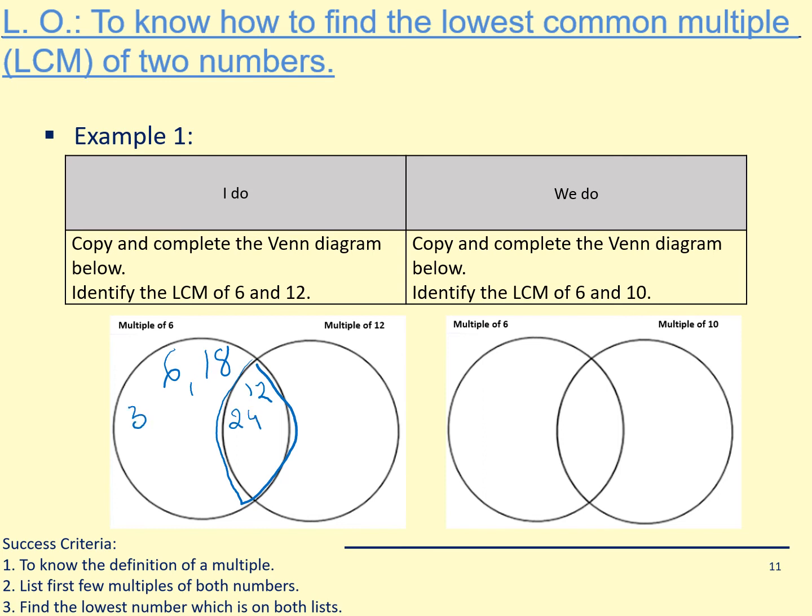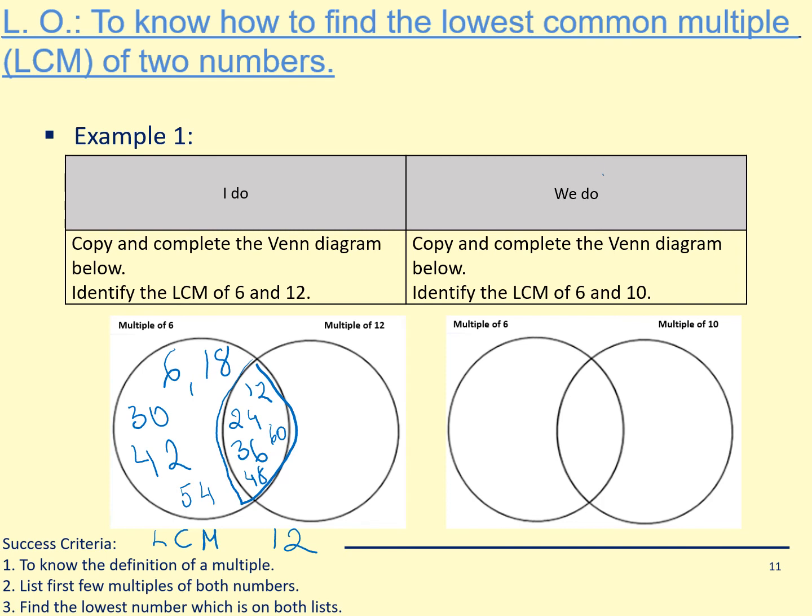Then 30. 36 is also a multiple of 12. 48, another multiple of 12. And 60. The lowest common multiple of 6 and 12 is 12.